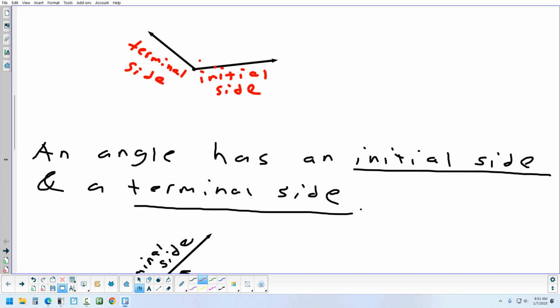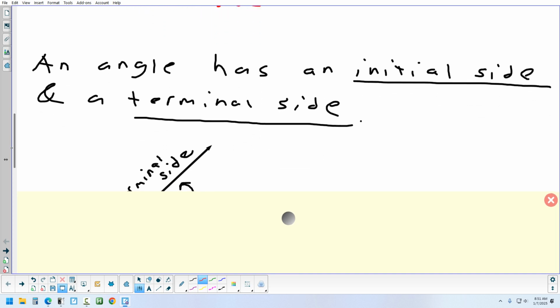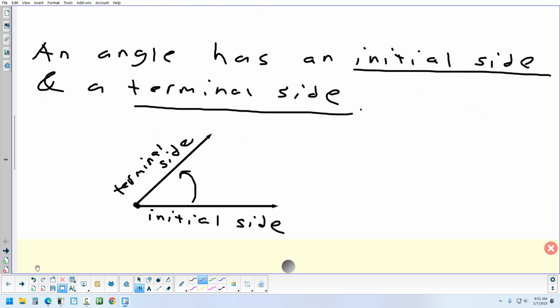As you rotate counterclockwise, the side that you would start at is the initial. The side where you end is the terminal. Okay. Here's another example. So there's two rays. Stand between them. Rotate counterclockwise. Where you start is the initial. Where you end is the terminal.